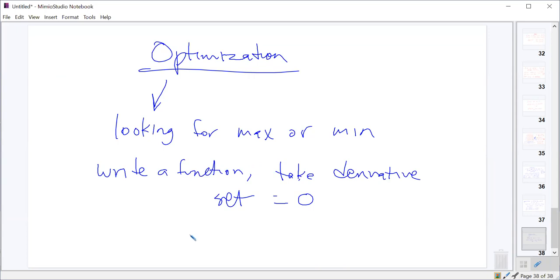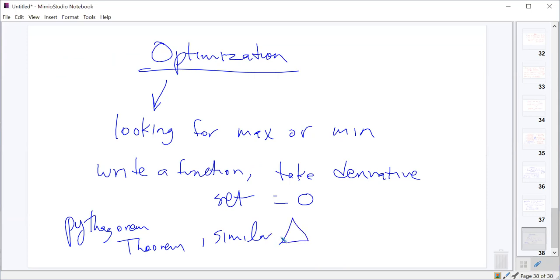Some of the common ways that you might need to get it all into one variable: you want to keep an eye out for the Pythagorean theorem. You want to keep an eye out for similar triangles. Usually the similar triangles are just angle-angle similarity. Or the relationship between volume and surface area of some geometric solid.